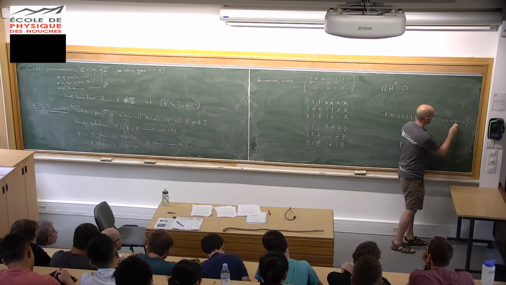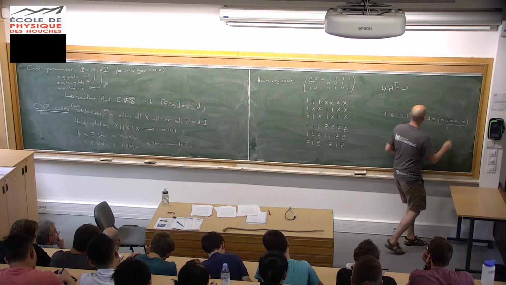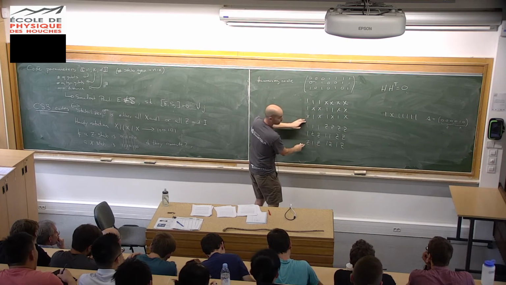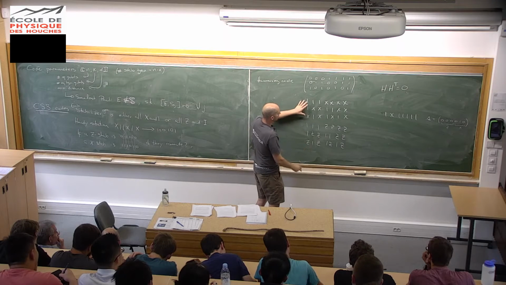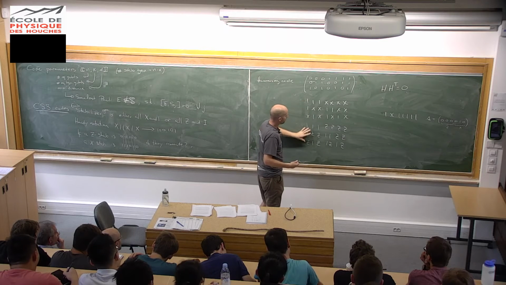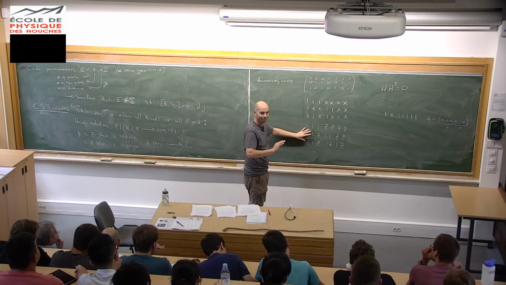If I look at this, this is the Z part, this is the X part, meaning the first 3 are associated to those, and the last 3 are associated to those. This part will only ever pick up Z errors. This part will only ever pick up X errors. Let's treat Y errors later, okay?